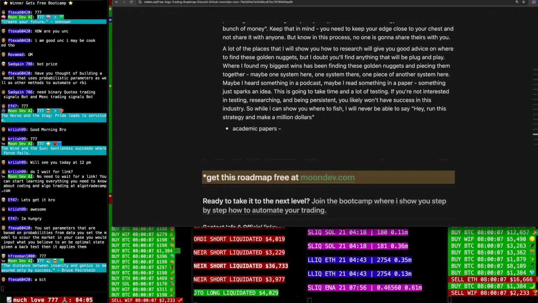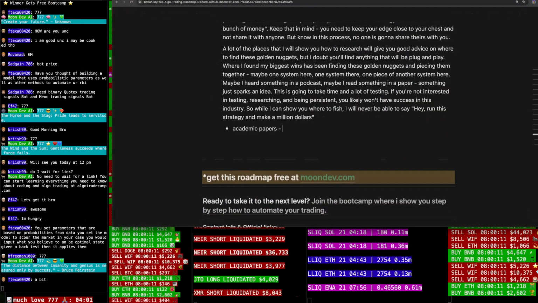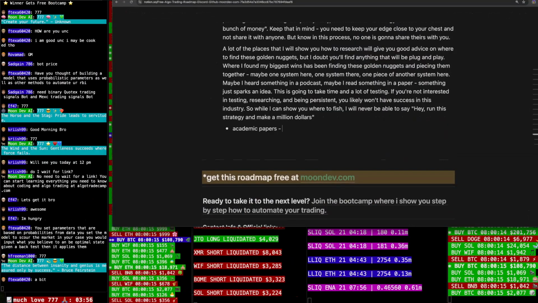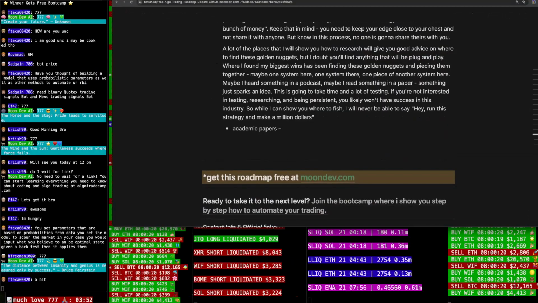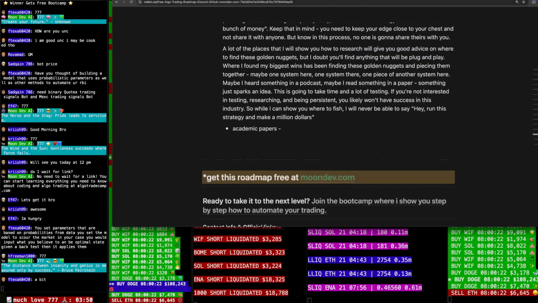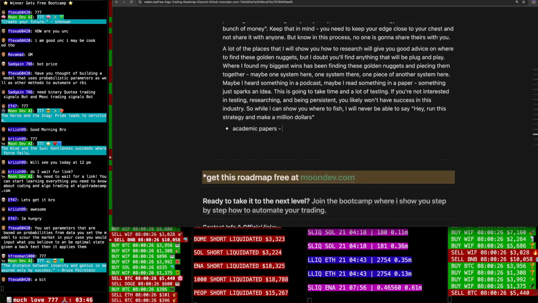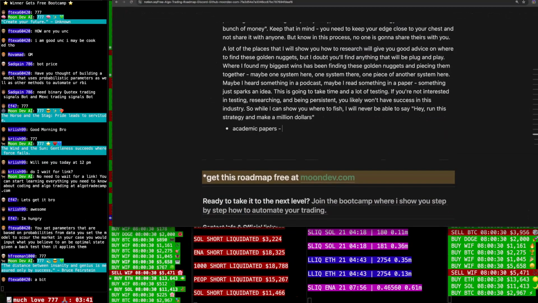Now, remember, these are academics, they are not necessarily traders. So while they may be PhDs, this doesn't automatically mean that they're gonna be great traders. So you have to keep that lens on it. Always look out in these papers to make sure that they are using fees and slippage.